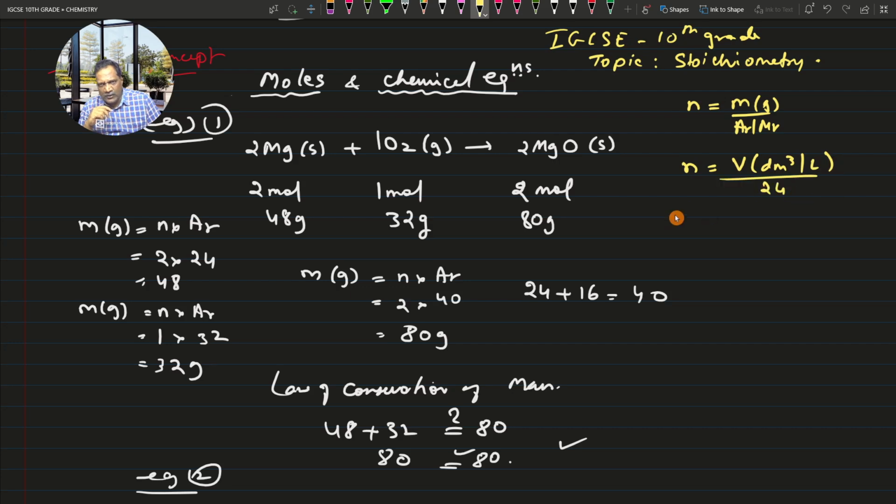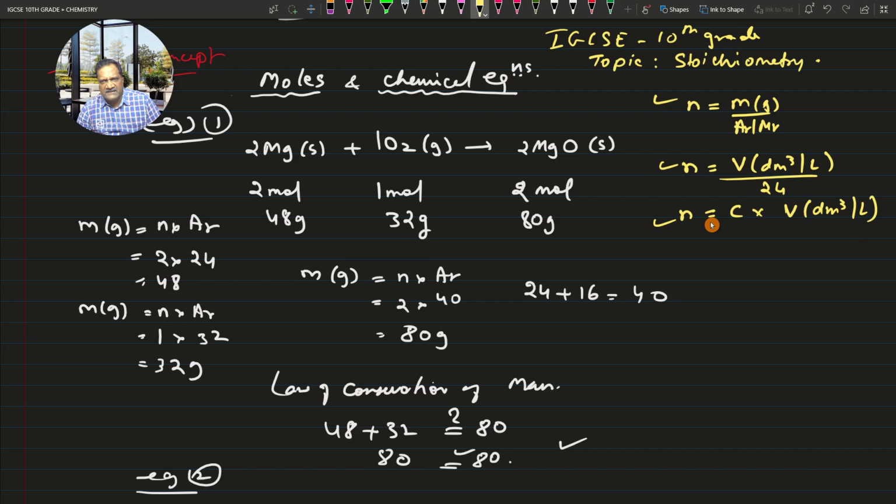And there was one more formula, which was n is equal to concentration of the solution times the volume in decimeter cube or in liters. So these were the 3 formulas that we dealt with.